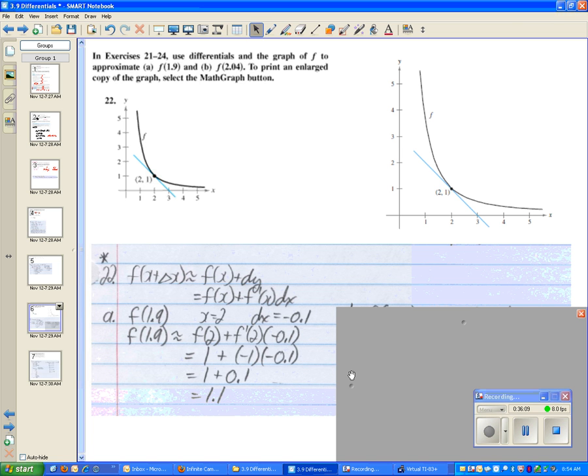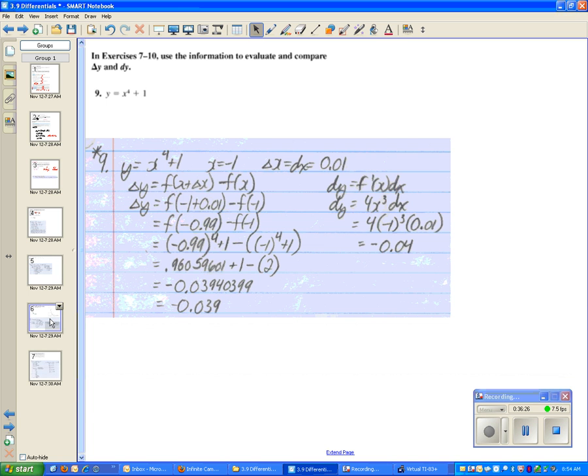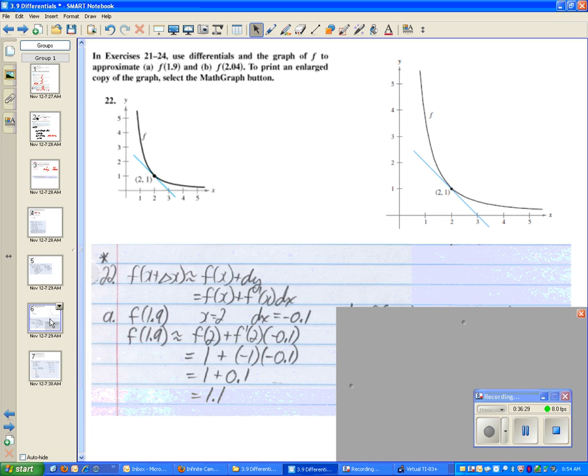We just figured out that f of x plus delta x is approximately f of x plus dy. Right? That's what we figured out here. Now, they want us to find f of 1.9, or actually to approximate f of 1.9. X is 2, because that's the point I know. Okay, 1.9 is close to 2, and that's the point of tangency that we're working with.